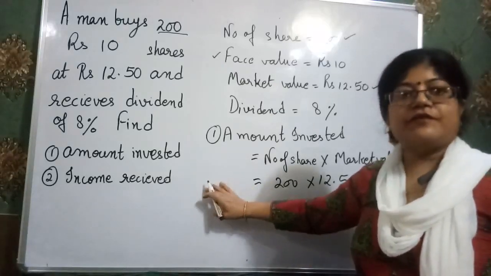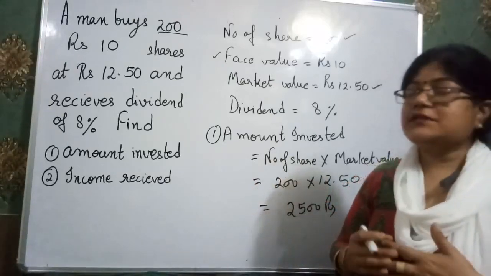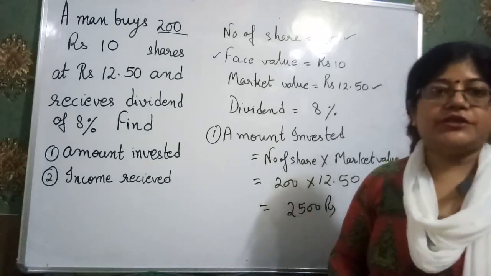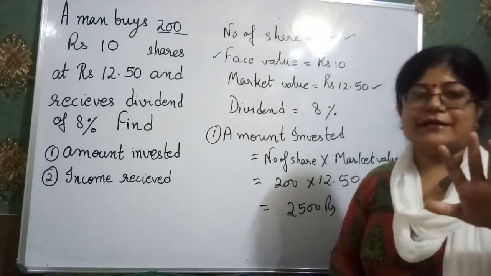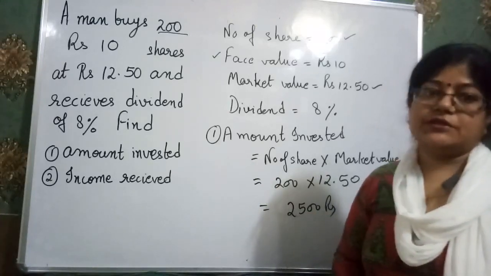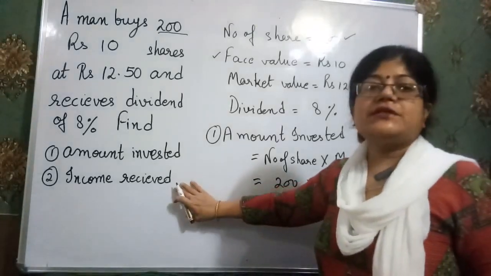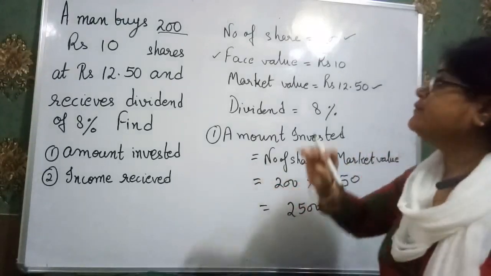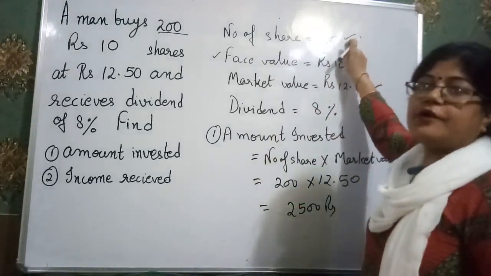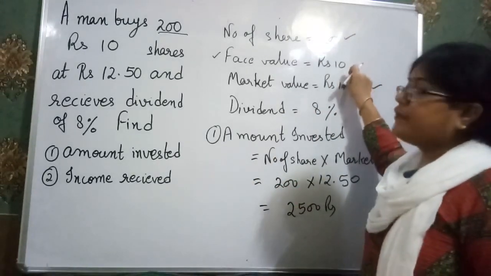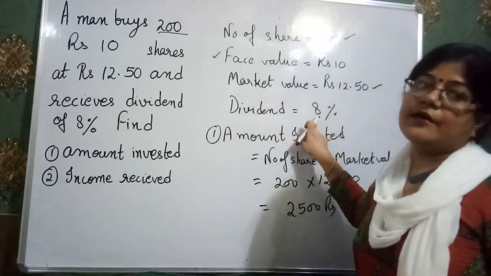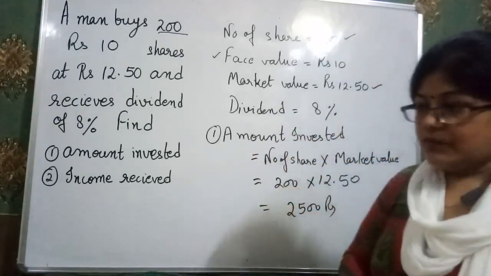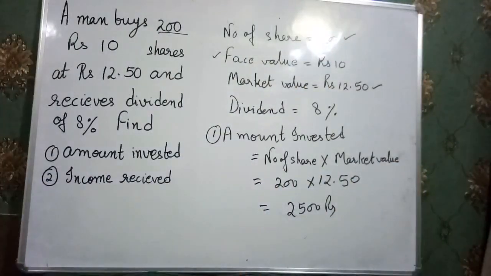It just gives the dividend, the money to the shareholder, according to the price it fixed at the time of allotting the shares. So income received is calculated by the product of the number of shares, the face value, and the percentage the company announced. Clear? Now how do we solve this?